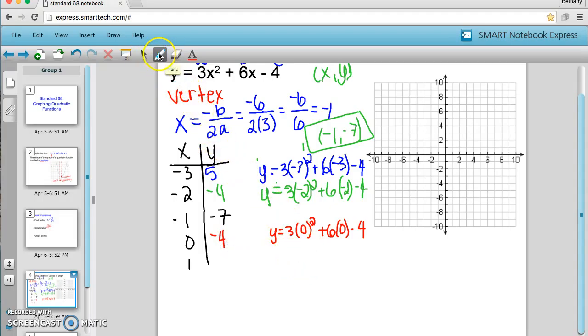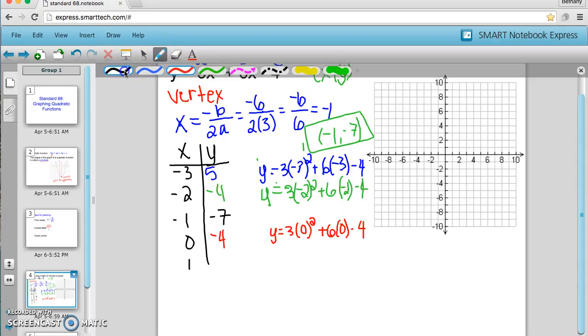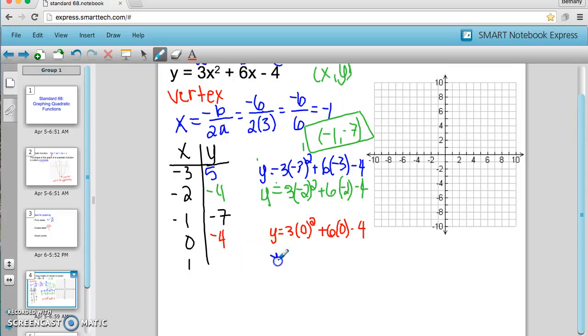And then now we just need to plug in our very last point. So let's go ahead and plug in 1. So I need to do y equals 3 times 1 squared plus 6 times 1, and then minus 4. If I plug all this in my calculator or do this by hand, I would get positive 5.